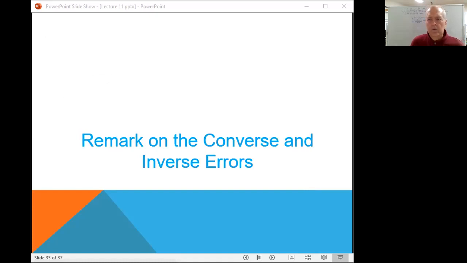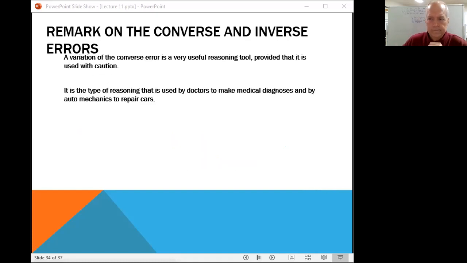Okay, let's look at this idea of converse and inverse errors. If you replace your original logical statement with its converse, that's not a valid, logically equivalent substitution.